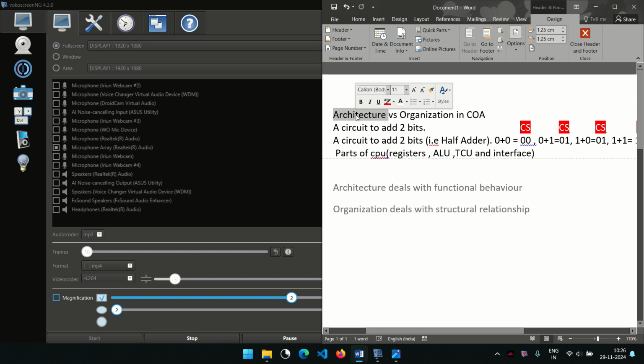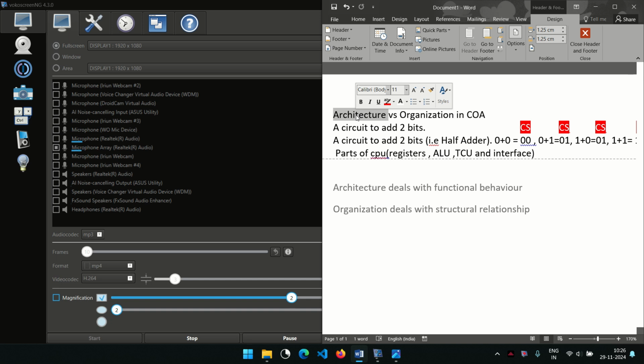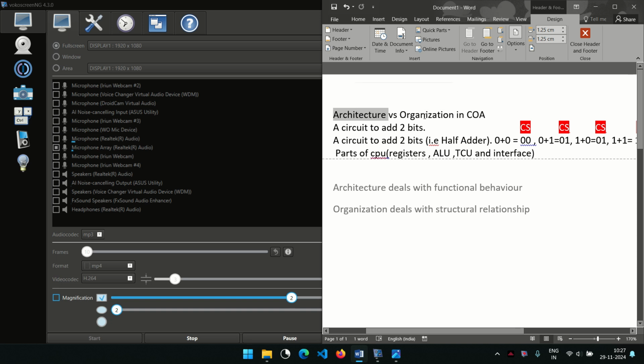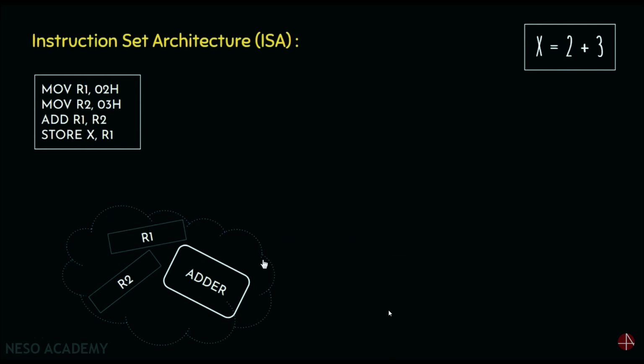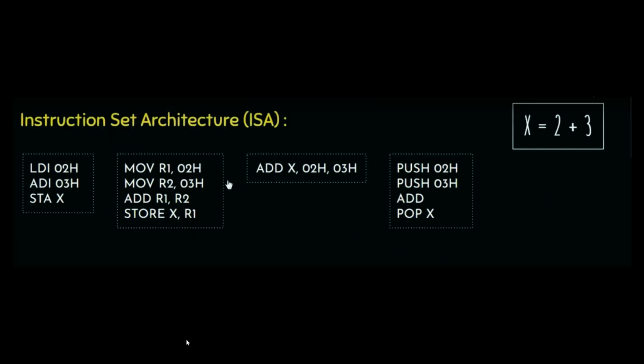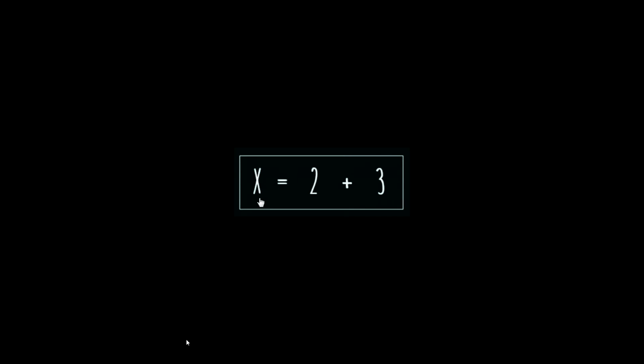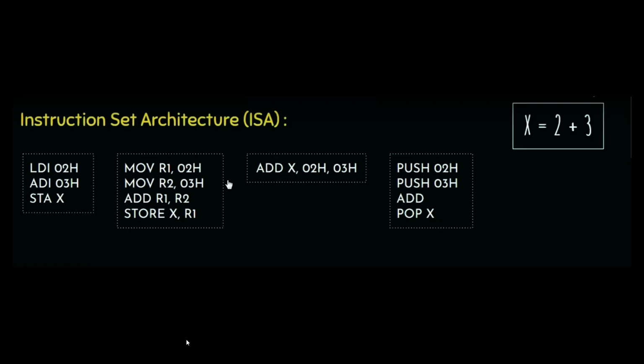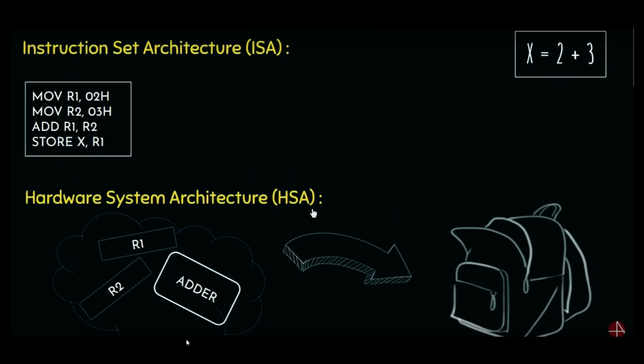So basically, realization of the design, that is the architecture, in structural form is organization. Kind of makes sense, right? Hardware system architecture comes under this. Two parts were there of an architecture. The second part is hardware system architecture, HSA.